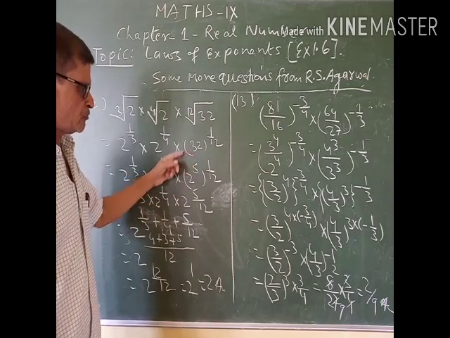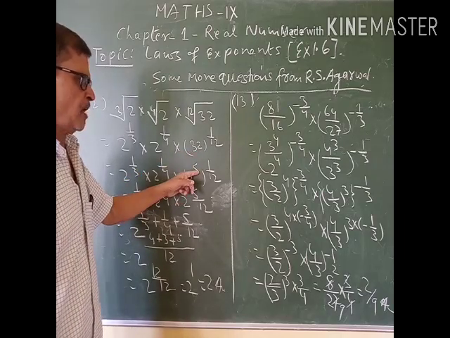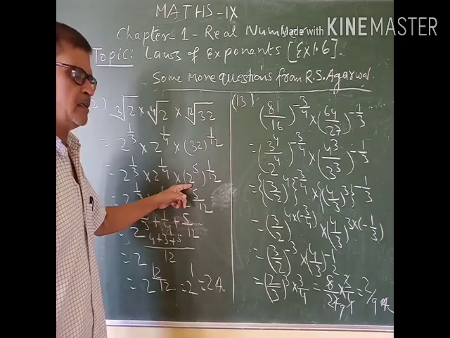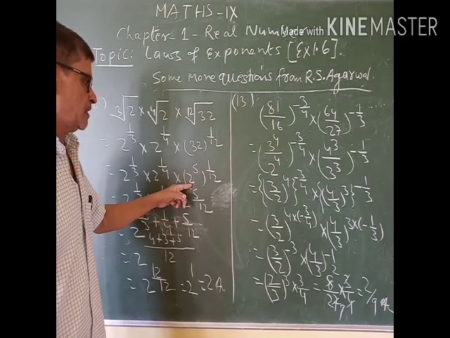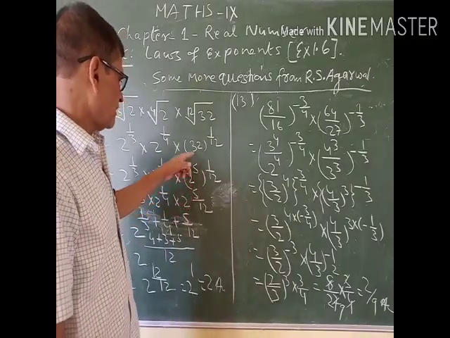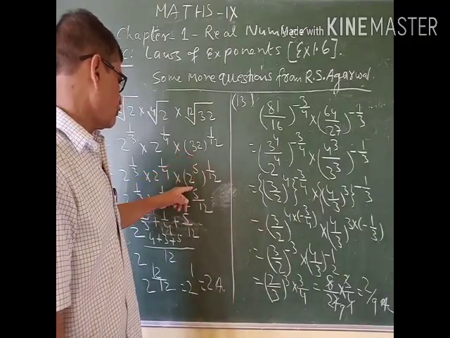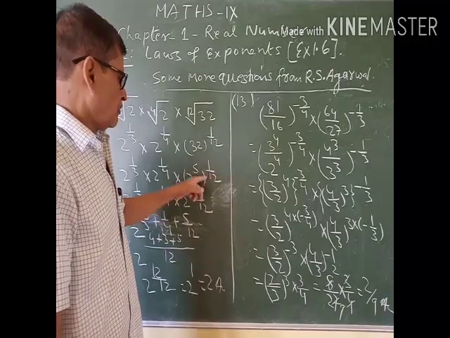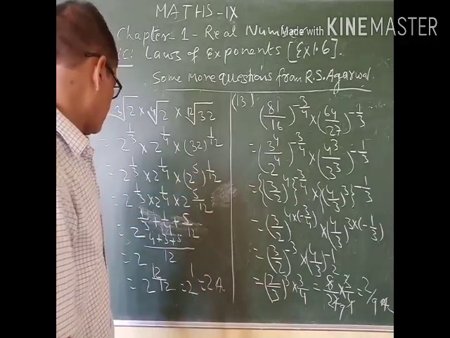For 32 you can write 2 to the power 5. If you multiply 2 by 5 times, then you will get 32. This is how you can write 32 as 2 to the power 5 whole power 1 by 12.